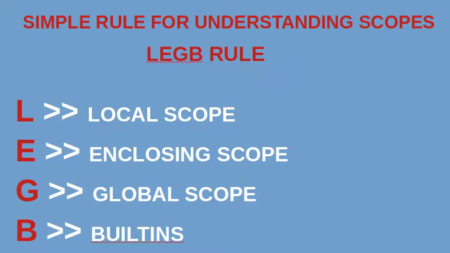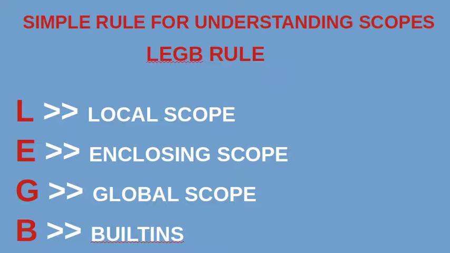L stands for local scope, E stands for enclosing scope, G stands for global scope, and then B stands for built-in. So when we mean local scope, we mean local variables. Local variables are variables that are defined within a certain block and that cannot be accessed outside of that block.